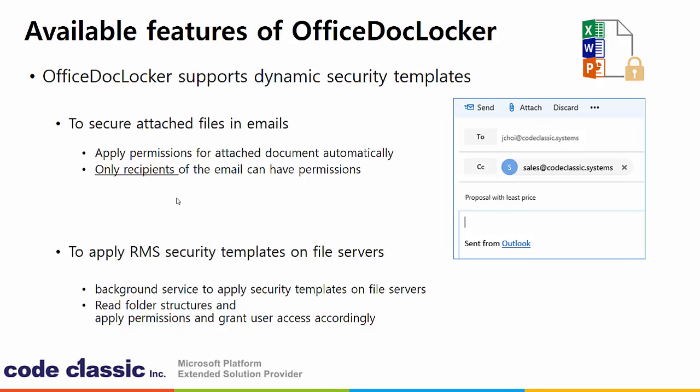So OfficeDocLocer can read the directory structure and read your own organization table or template. Then you can apply the permissions for the folders or files accordingly based on the custom data file, which can be in XML. And then you can map to the folder to apply the permissions for each team for the files in the folder in file servers.